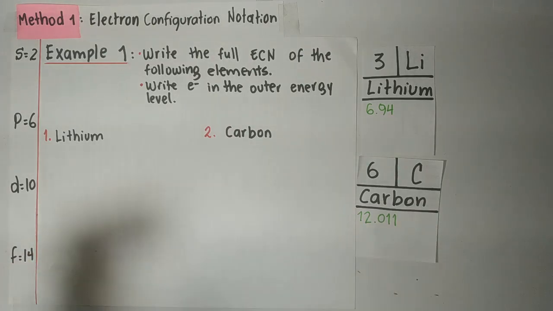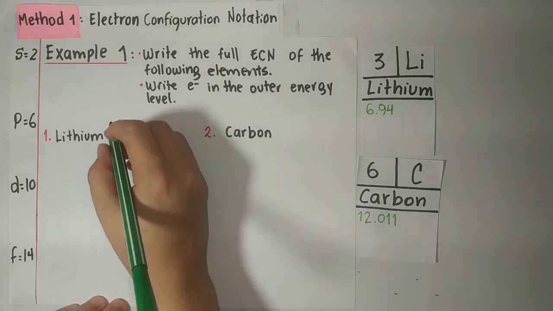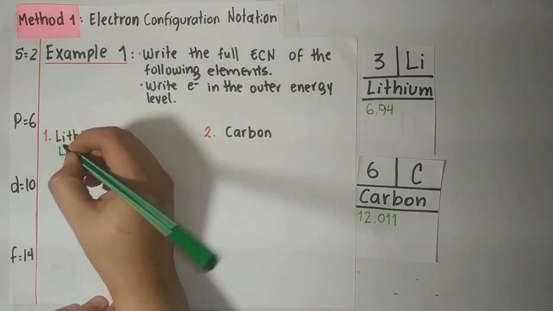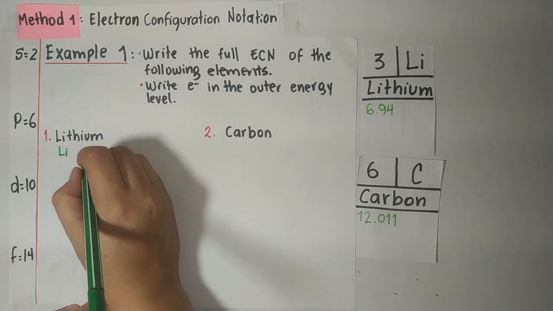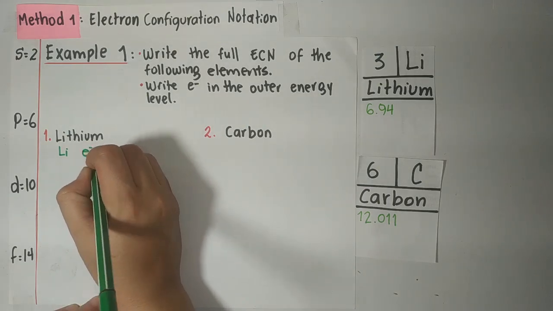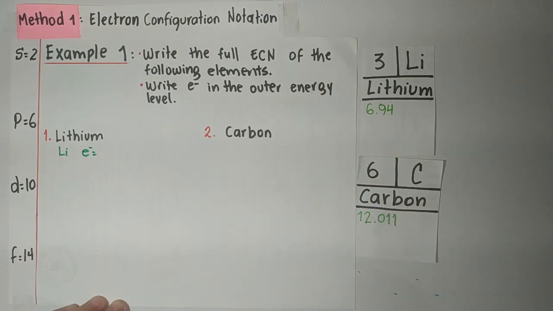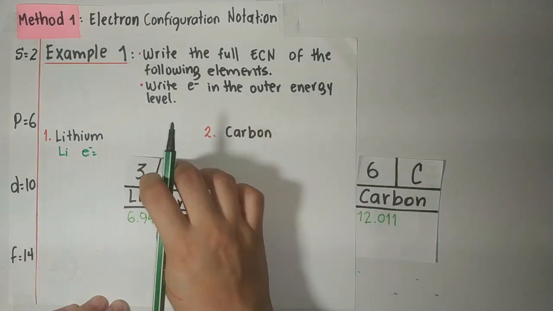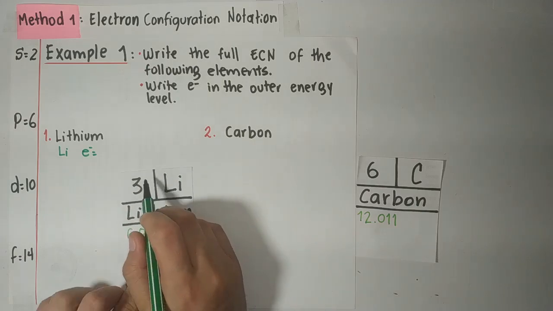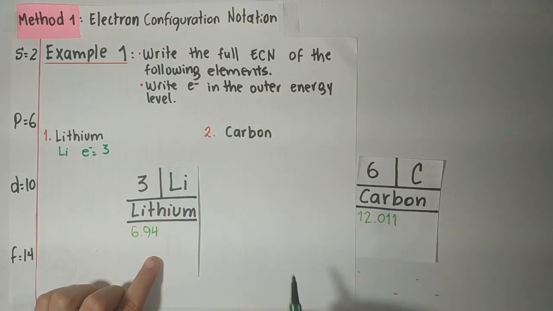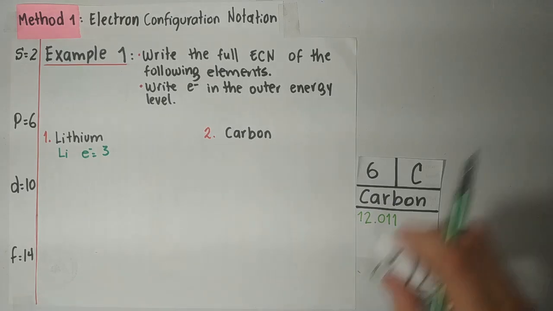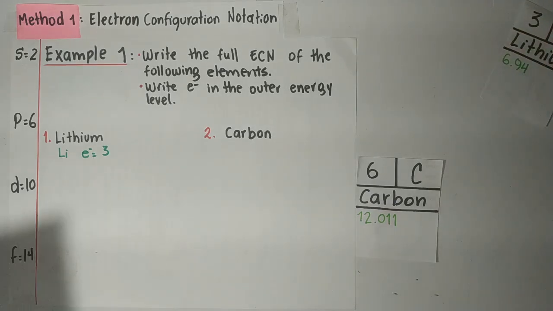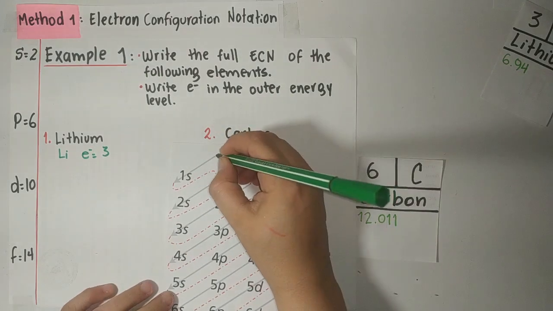Okay, first of all, what we do first is to write the element symbol and the number of electrons. What is the number of electrons? The atomic number. So for lithium, the atomic number is 3, so the electrons are 3. So we're going to take the table and we start from here.